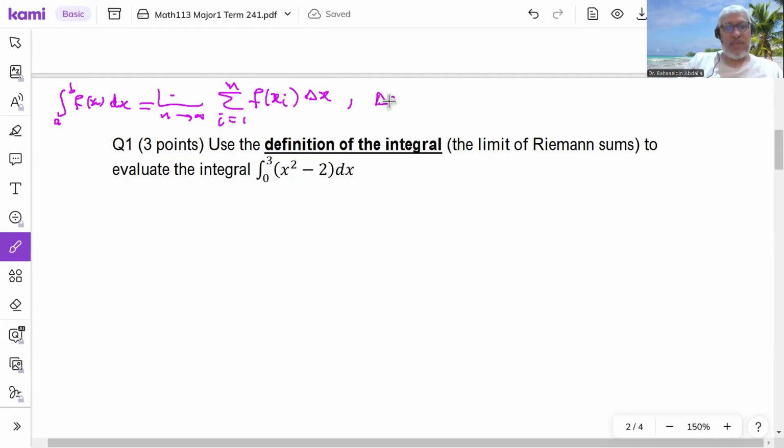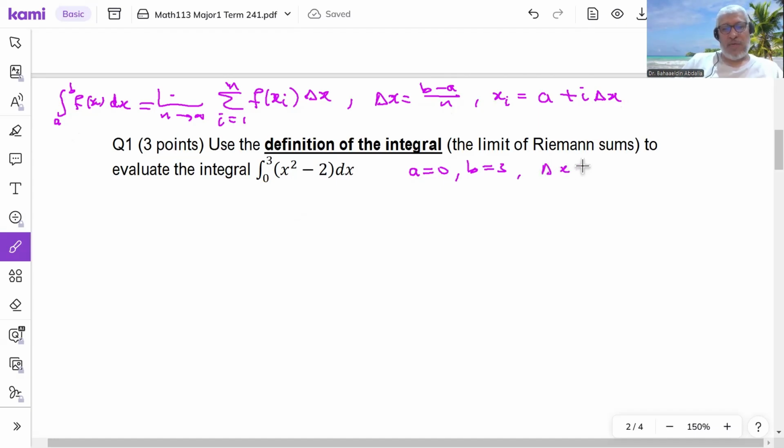And delta x here is (b minus a) over n, that's the interval over n. And x_i, by definition, is a, the left side of the interval, plus i times delta x, which we found here. So in this question, a is 0, b is 3.